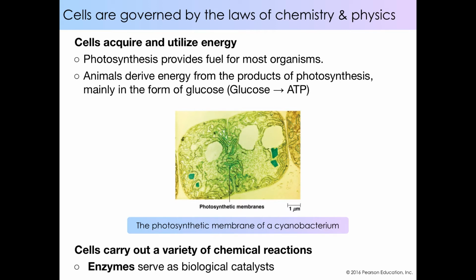We know that organisms have to be able to acquire and to use energy, and that energy is going to be used to power cellular functions like metabolism and responses to the environment. Now, the energy that is used to drive these processes ultimately for most organisms is coming from the sun, either directly or indirectly.